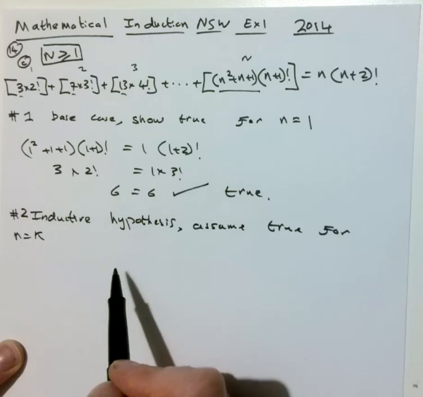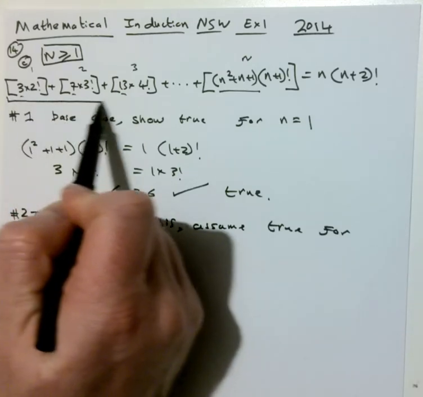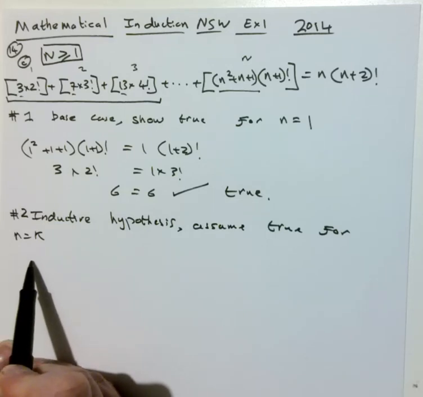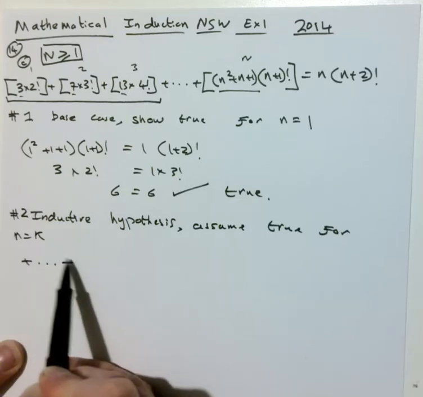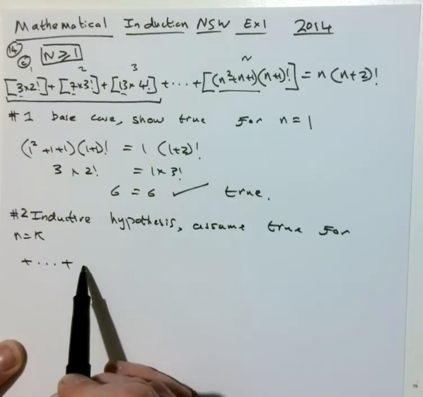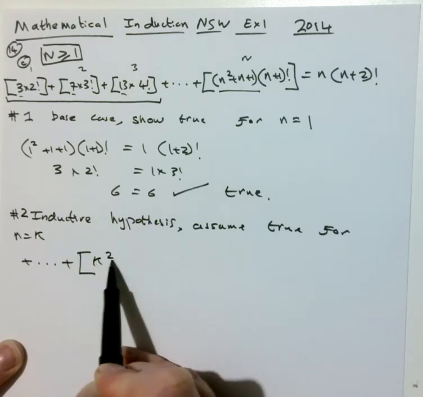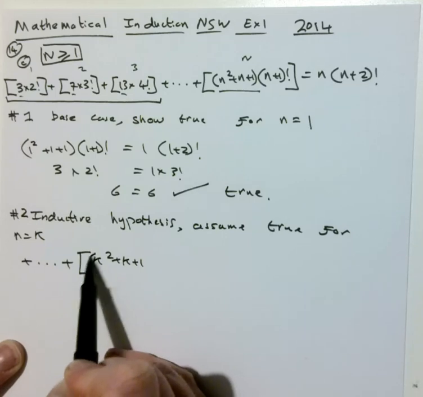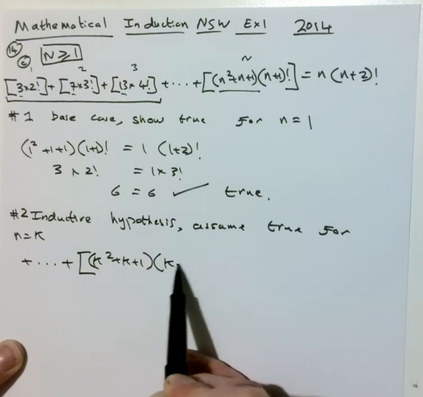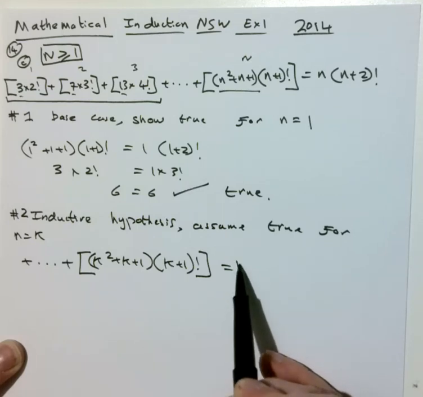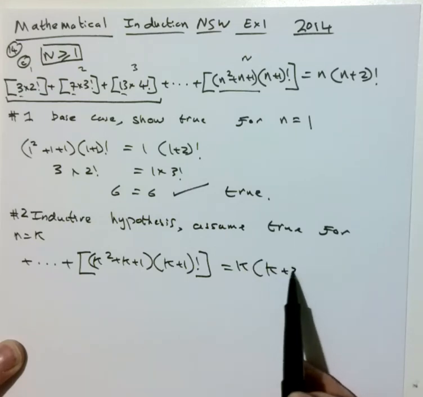So we have the preceding terms k squared plus k plus 1, k plus 1 factorial is true for k plus 2 factorial.